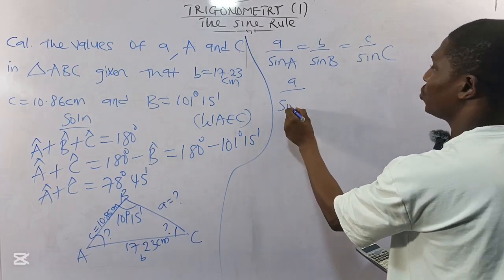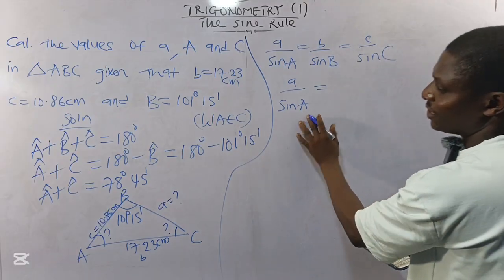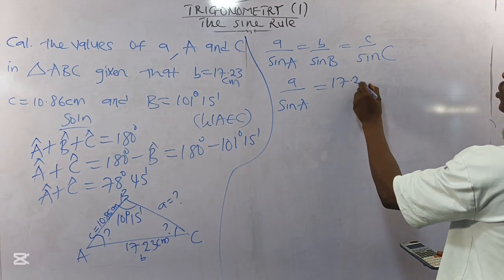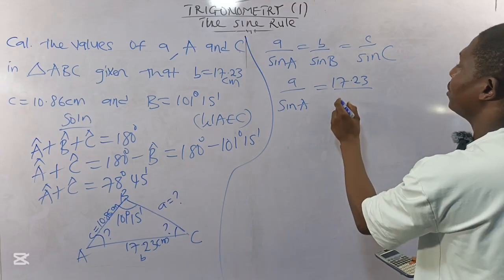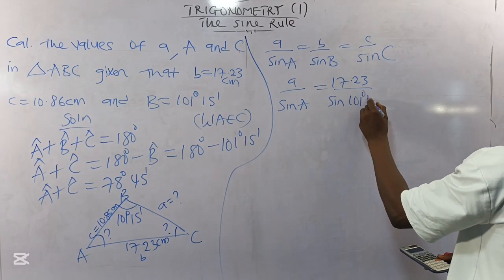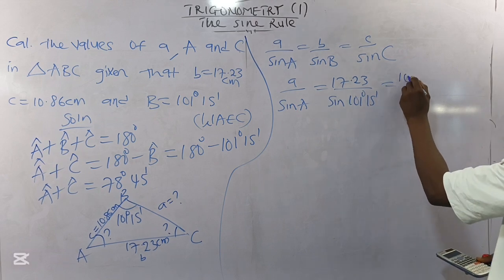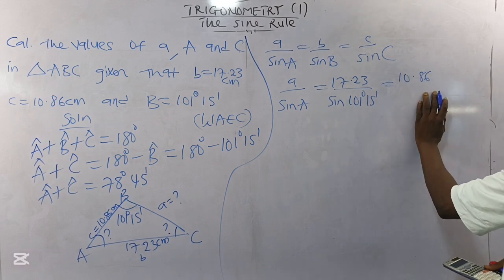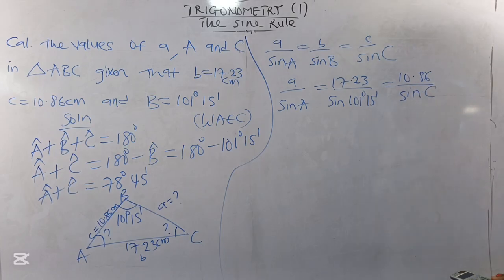My angle C is not known. My angle A is not known, it remains the same. My side b was given as 17.23 centimeters. My angle B was given as 101 degrees 15 minutes. And my side c was given as 10.86 centimeters. And my angle C is not given.